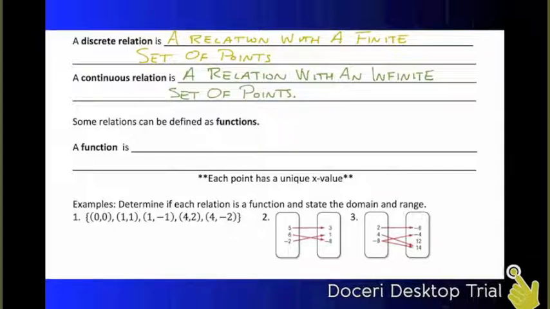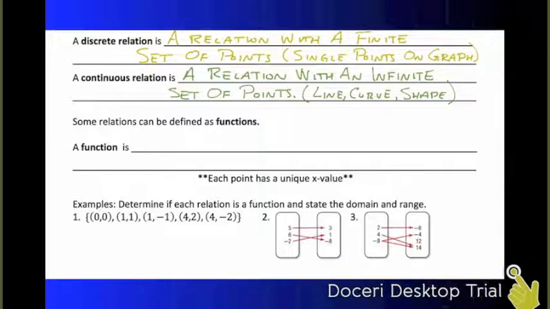So a discrete relation is going to look like single points on a graph, while a continuous relation is going to look like a line, a curve, or any other shape on a graph.